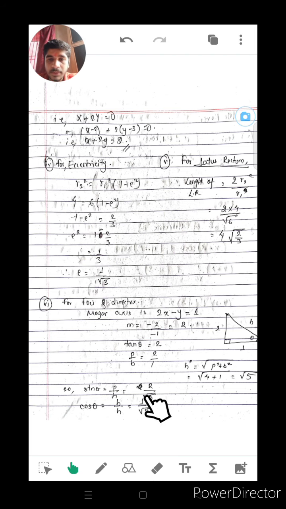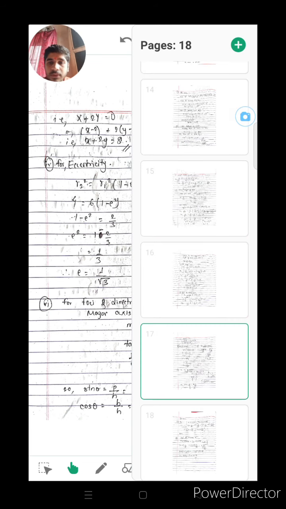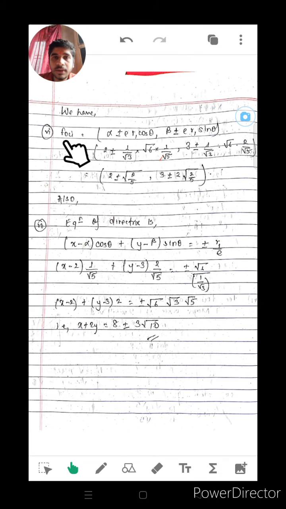So sin theta equals p by h equals 2 by root 5, and cos theta equals b by h equals 1 by root 5. By putting these in the formula and solving, we get the foci coordinates, and the equation of the directrix is given by substituting the values of alpha, cos theta, beta, sin theta, r1 and e, and we get this equation.